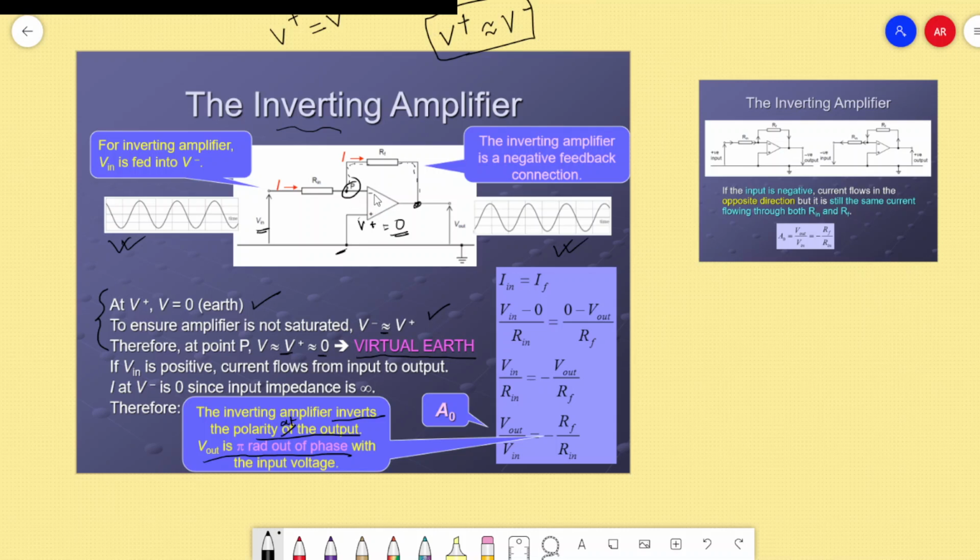So since P is at the inverting end, the voltage at P is the voltage at the inverting end, which is equal to the voltage at the non-inverting end, which is approximately 0. So that's why Vp is to be considered as 0, and we call it a virtual earth connection.